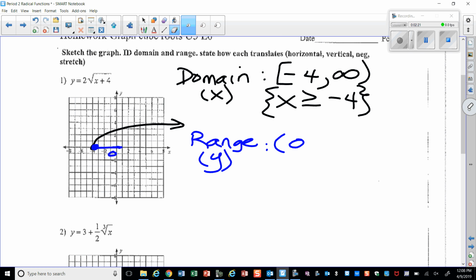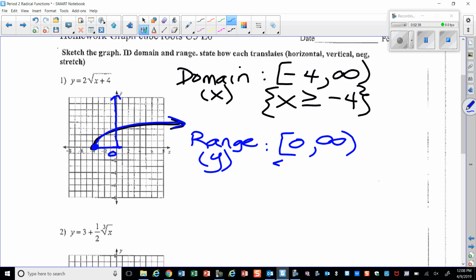So that would be 0 with a square bracket. And then it goes up forever, right? It goes up to the right, going up to positive infinity, okay? And so set notation, that would be the y's are greater than or equal to 0.